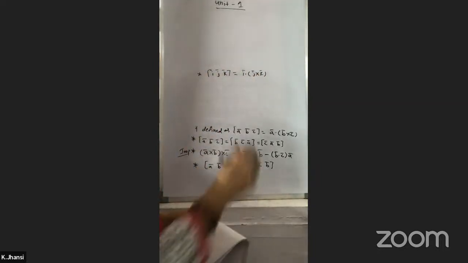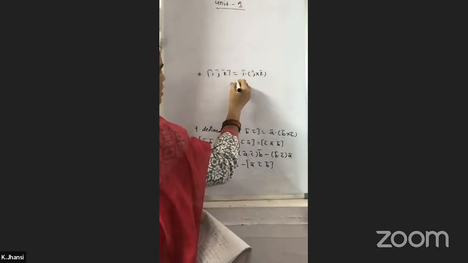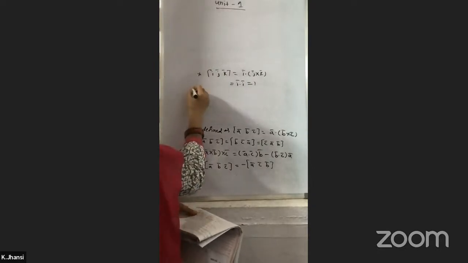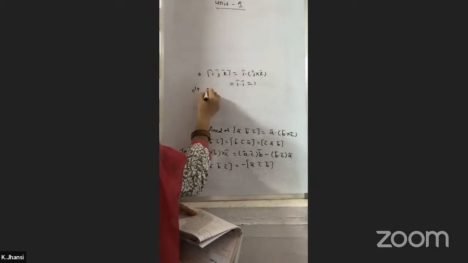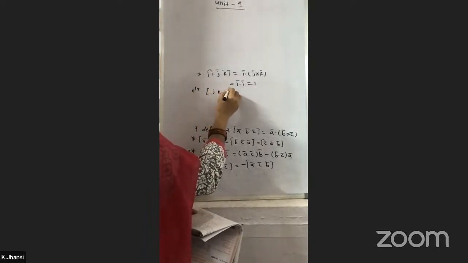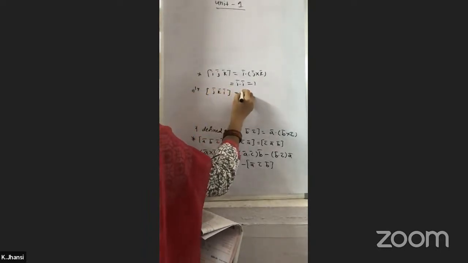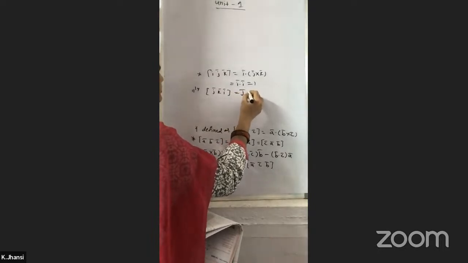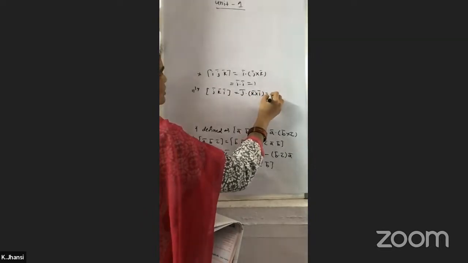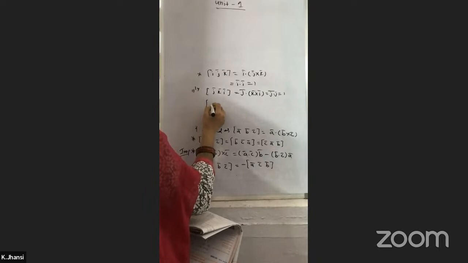So what is j cross k? The j cross k value is i, I know. So it is i dot i. So what is that value? The value is 1. Similarly, if you have j, k, i, so it will be j dot j is equal to 1. And next what you will get is i, j, k.